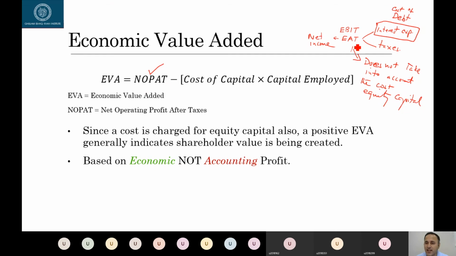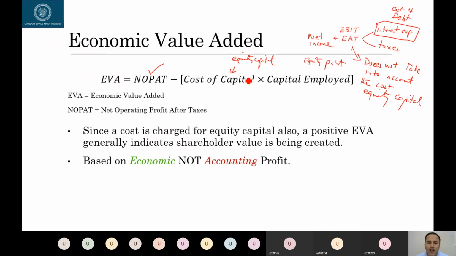So it's EAT, or net income, exactly the same thing, minus cost of capital multiplied by capital employed. And cost of capital here is actually equity capital: preferred stock, common stock and retained earnings. This is also the equity part of the capital.